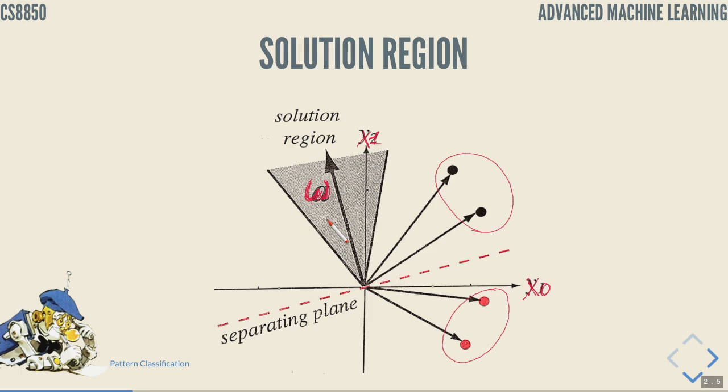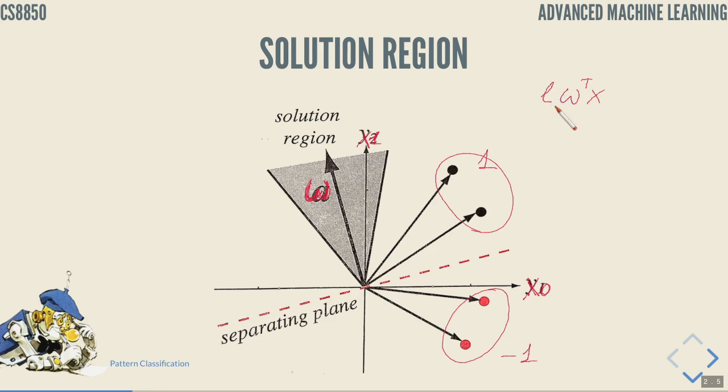And another thing, we can use labels -1 and 1 for the classes, and then we won't need to worry about the sign. Say this is the label -1 and this label is 1, and all we will need to do is W transpose X times the label, right?